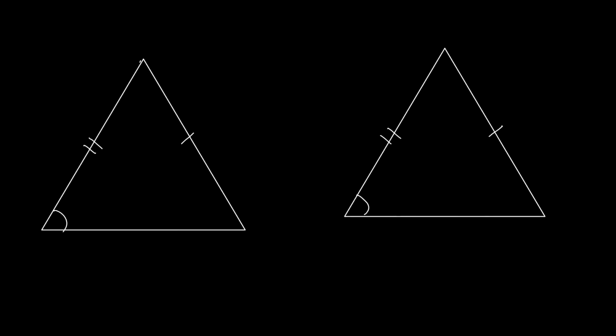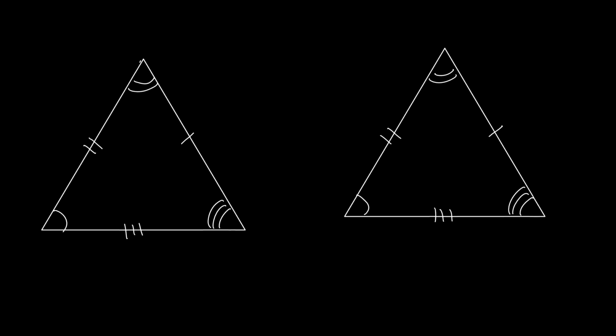So let's look at these two triangles here. I'm going to mark some parts congruent with hash or tick marks. And what are these things called in the angles? Arc marks.